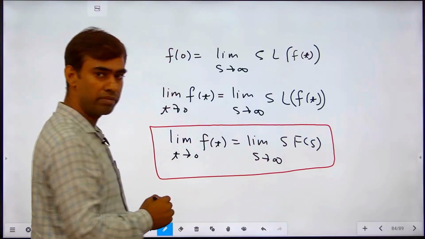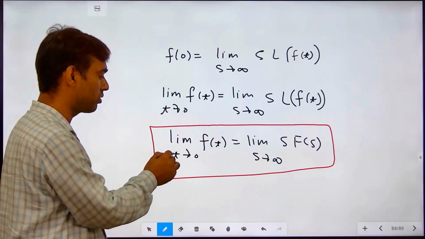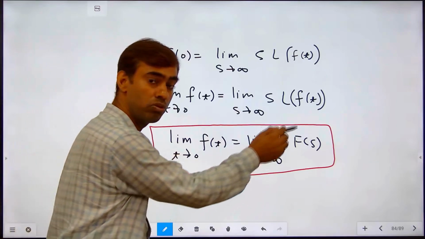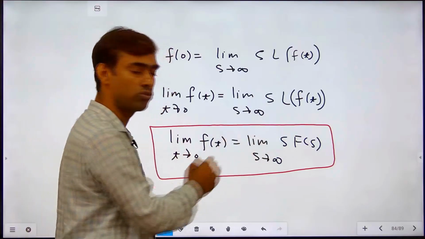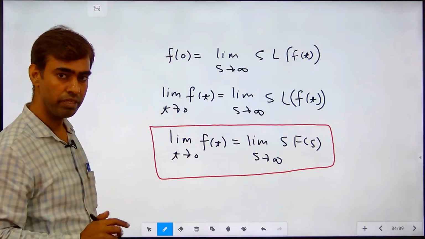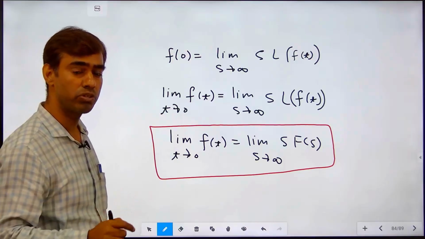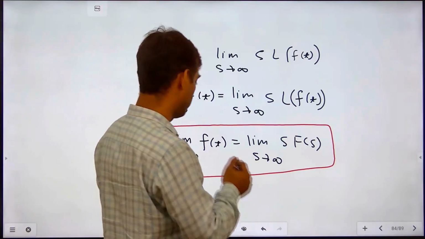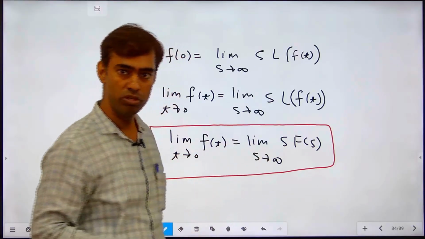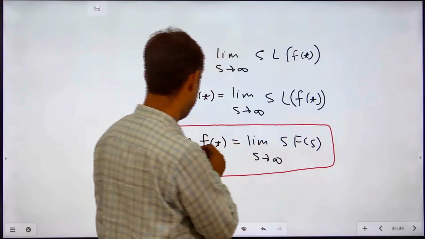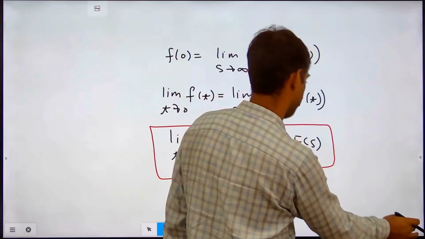So, in order to remember the initial value theorem and final value theorem: in the initial value theorem t tends to 0, but s tends to infinity. In the final value theorem t tends to infinity, but s tends to 0. This is the only difference in the expressions, while the other terms f(t) and s F(s) remain unchanged.